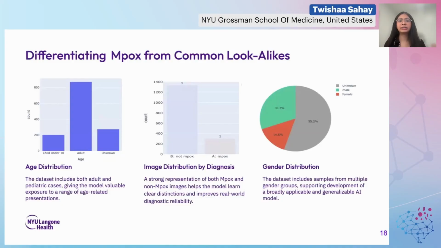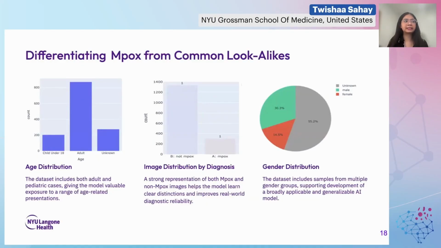These integrate image features with clinical context, leading to better lesion interpretations, which also reduces biases across different skin groups, different genders, and age distribution. So we can see that we have an age distribution graph, an image distribution graph, as well as a gender distribution graph.